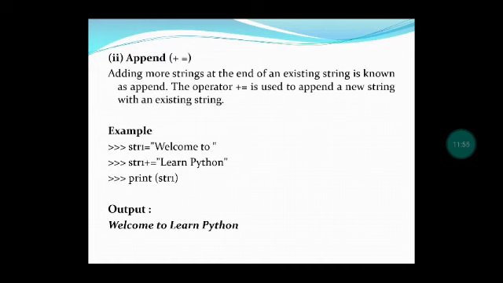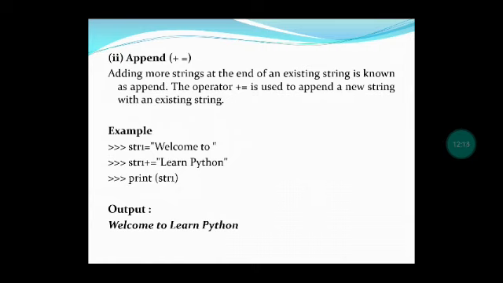Next function, append. Append means adding more strings at the end of the existing string. Already one string is there. At the end we are adding another string, that is called append. Here we are using the operator plus equal to. So let us see the example.